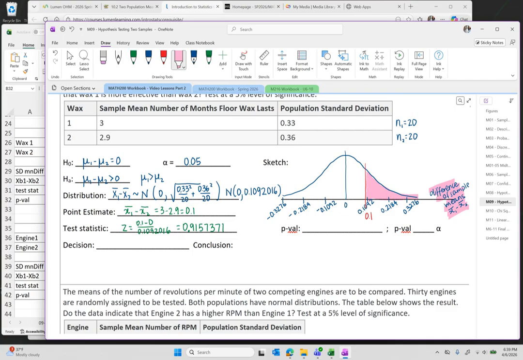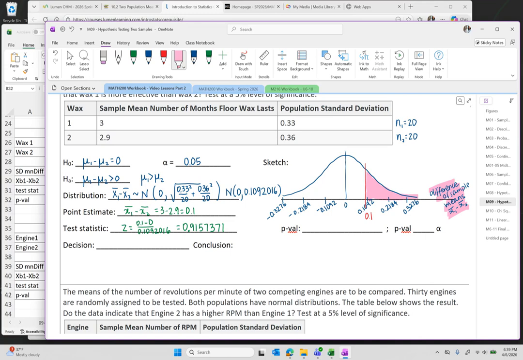And we can find it in two ways. If this was a standard normal distribution, it would have a mean of 0 and a standard deviation of 1, and then the test statistic of 0.9157371 would be used to find the area under the curve.